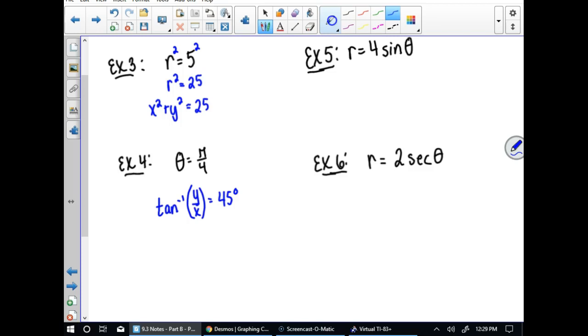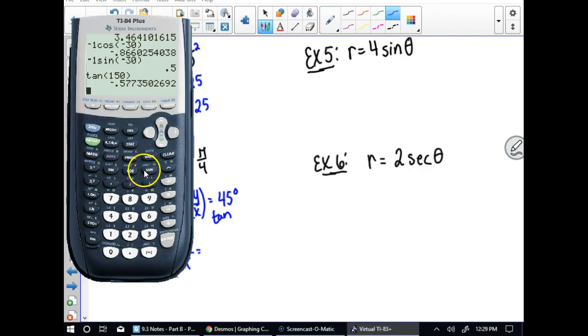Okay, so if we're solving this for y, the opposite of inverse tangent is tangent. So we'll have tangent of both sides. So we get y over x equals, in our calculator, we will type in tangent of 45, which is 1.